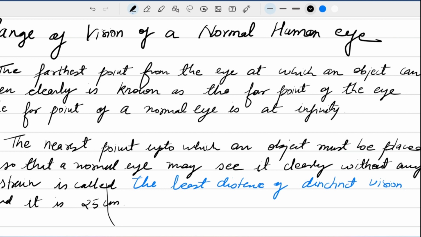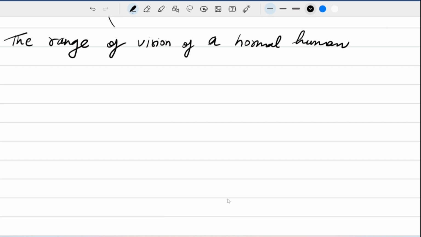It is also called the near point of an eye. Last point for today, that is range. So we conclude that the range of vision of a normal human eye is from infinity to about 25 centimeters.